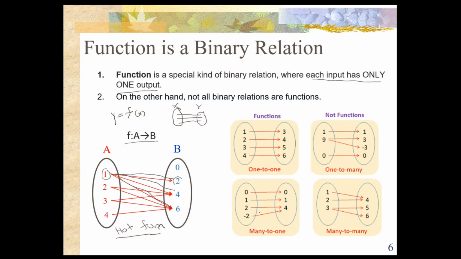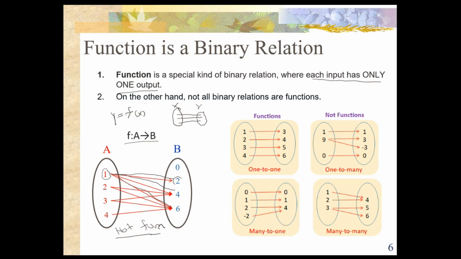How about this one? This one looks like having multiple inputs to one output, right? So is this still considered a function? The answer is yes, because the definition says that only one output. It doesn't say that multiple input is not allowed. Multiple input is allowed, but must be only one output.